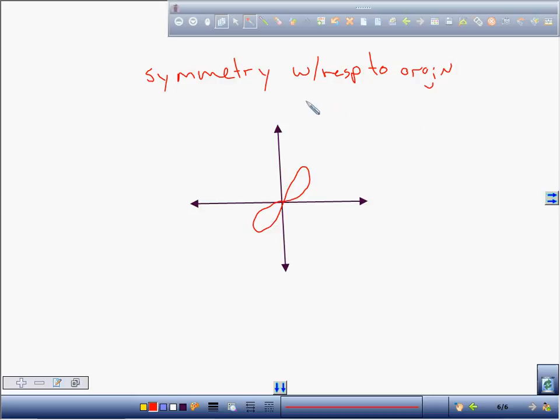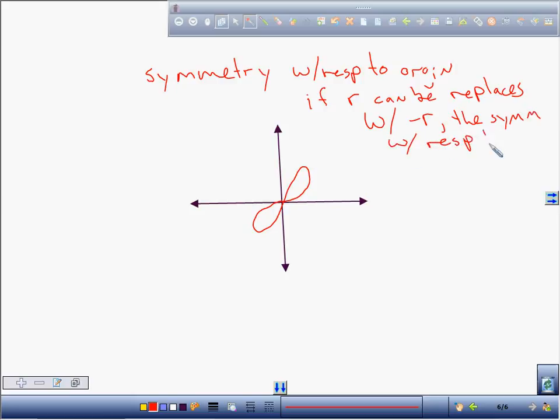With respect to the origin, if r can be replaced with negative r, then you have symmetry with respect to the origin. And the only place you're going to see those is if you have r squared.